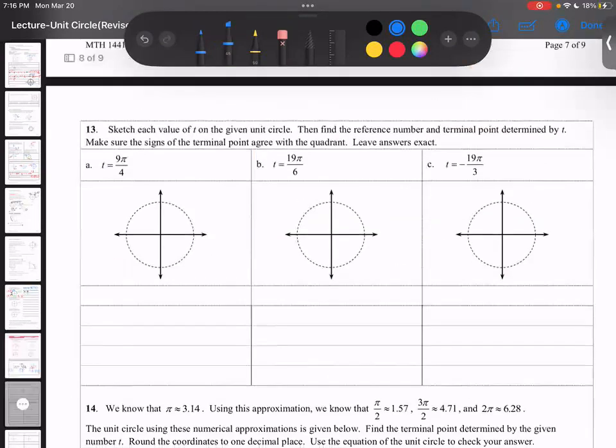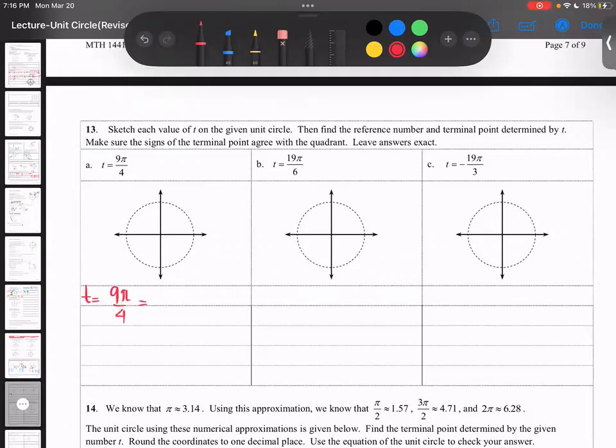All right, let's try some more. Sketch each value of t on a given unit circle, then find the reference number t prime and terminal point determined by t. Given t equals 9 pi over 4.